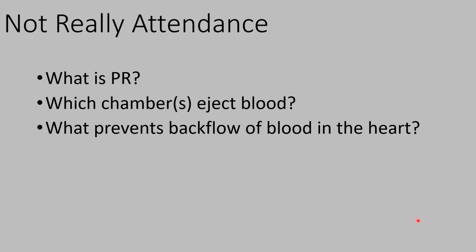These are going to be a very important topic today, and those valves, just like we saw with the veins, open to allow blood to flow in one direction, but they close when blood tries to backflow in the other direction. So make sure to keep that in mind as we start talking about functionality of the heart.